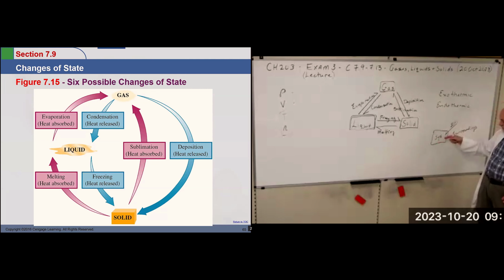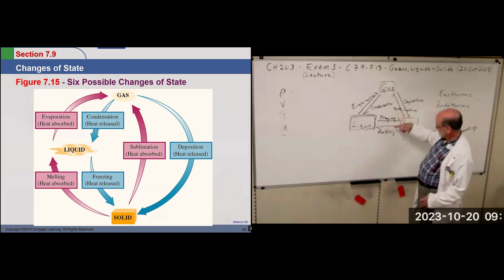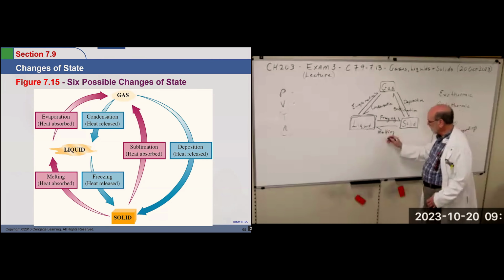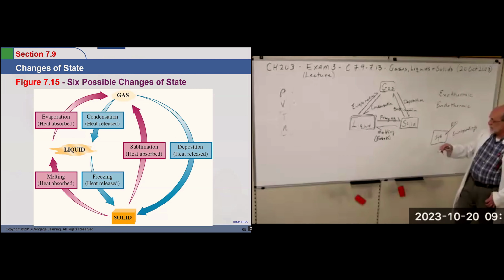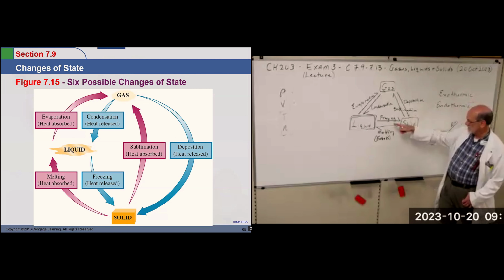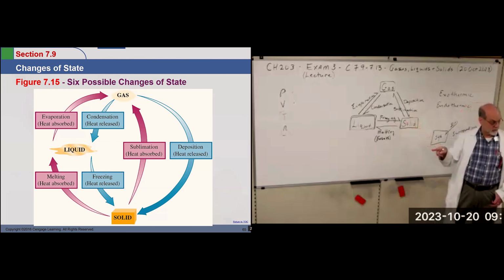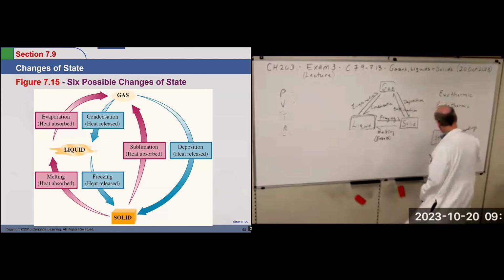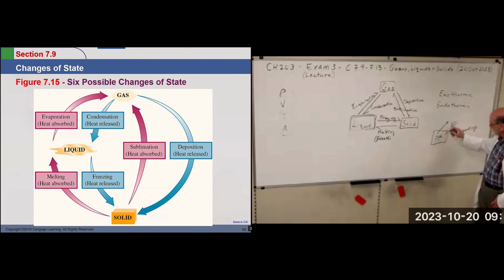So when heat goes into the system, if it's an ice cube, what is it going to do? It's going to melt, right? So melting is an endothermic process. Okay, that means the opposite direction, like freezing, would be an exothermic process, which means heat is leaving the system.